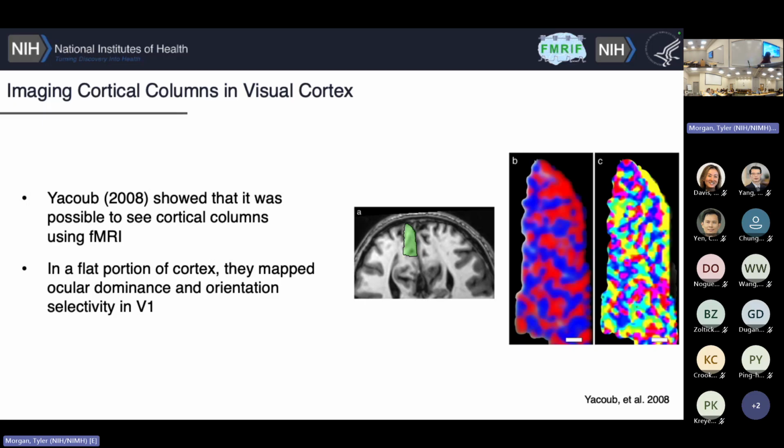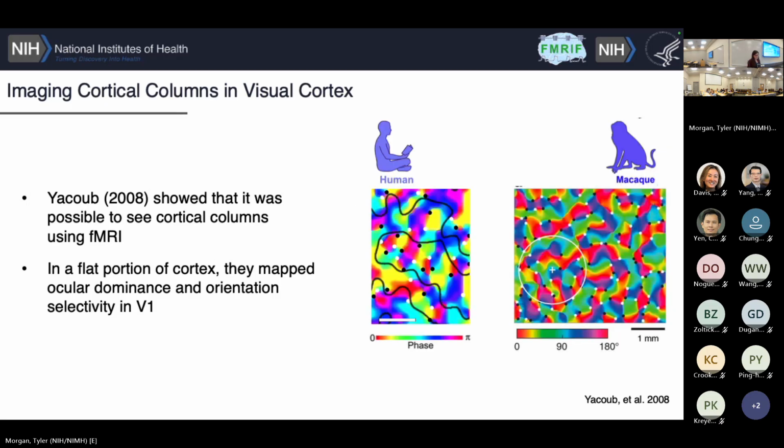And on the left-hand side, you can see areas caring about the right eye or the left eye individually, or preferentially, rather. This is really interesting because we actually already knew this information from monkey studies for quite a long time. So being able to collect data in humans that matches that was a huge step forward.